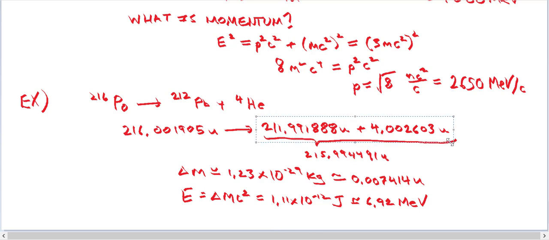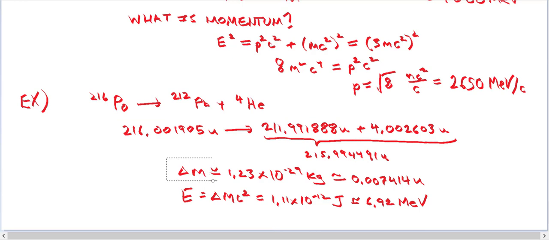So if I add the rest masses of the lead-212 and the helium-4, we get 215.994491 atomic mass units. Notice that the rest masses of the things that this decayed into is actually less than the rest mass that we started with.